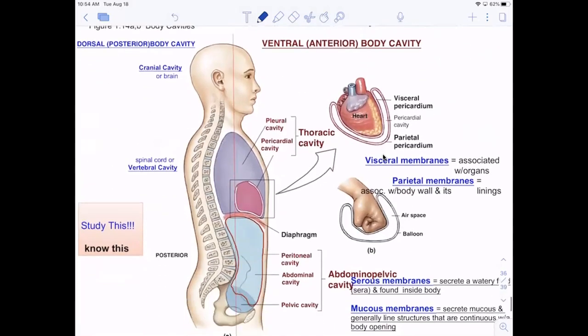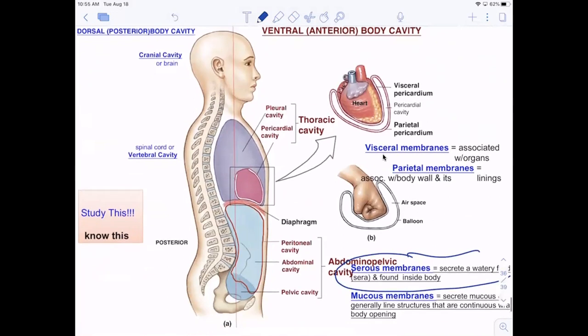So last thing with these body cavities is, remember, I said they are membrane cavities. They're serous membrane cavities. Serous membranes secrete a watery fluid that is here between the two membranes. So this would be serous fluid here in between.